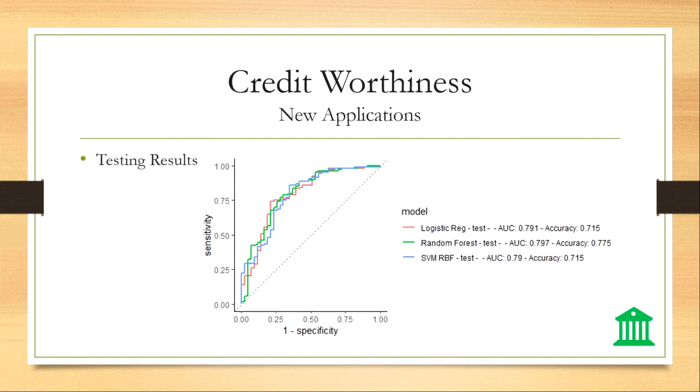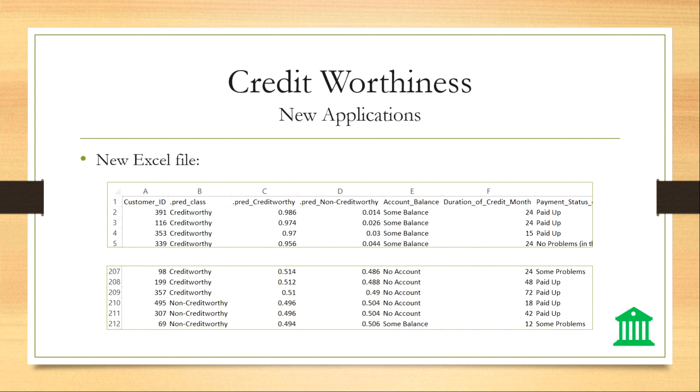So when we predict for our new applicants, this is what we end up with. We have an Excel file, and looking at the top 5, we see that customer ID 353 is considered creditworthy at 0.97 probability. Below that we see a split around 0.5 between creditworthy and non-creditworthy.